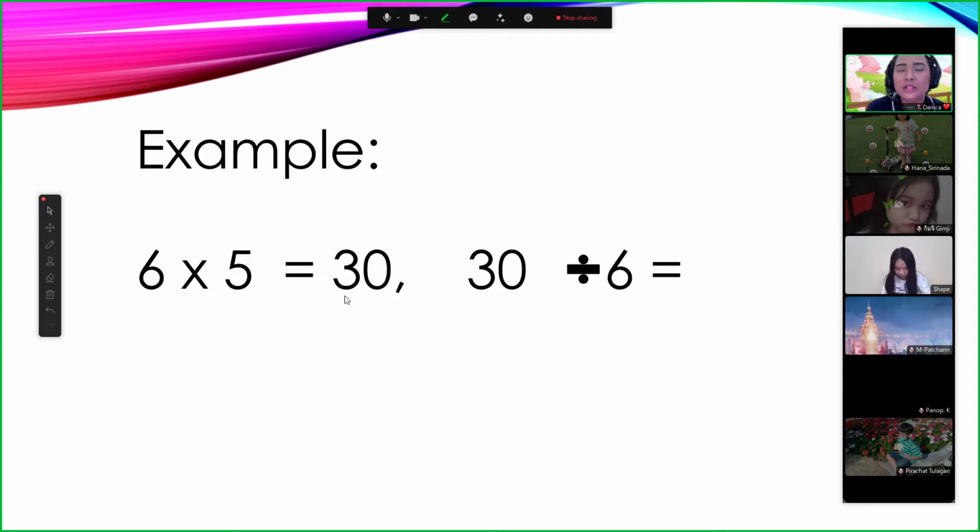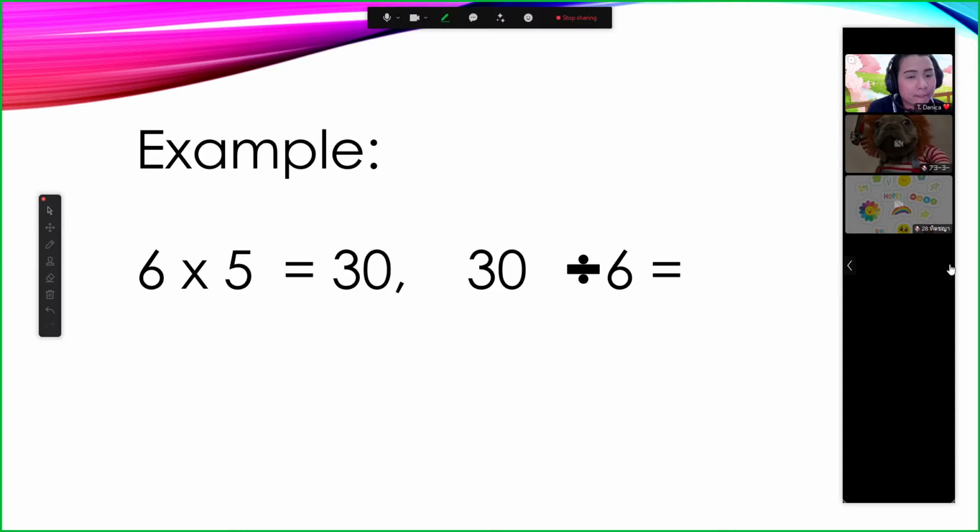If we put this in division, we'll be putting 30 divided by 6. 30 divided by 6 is what? It is 5. Then write 5. See, you still have 30, you still have 5, you still have 6, right?